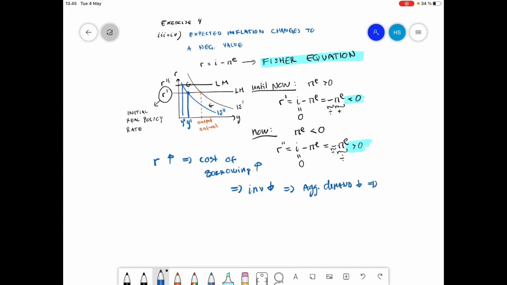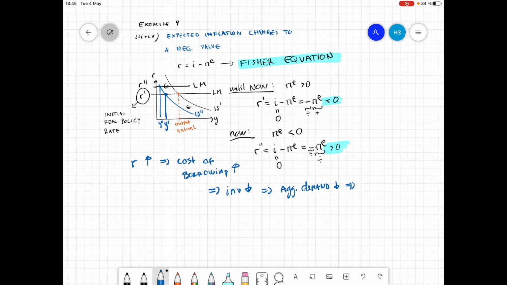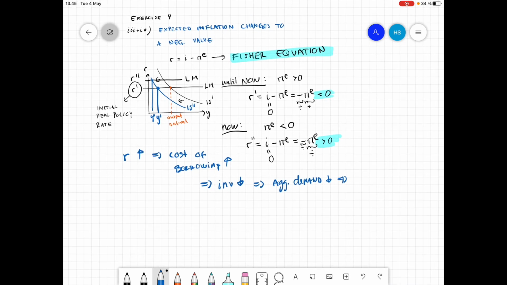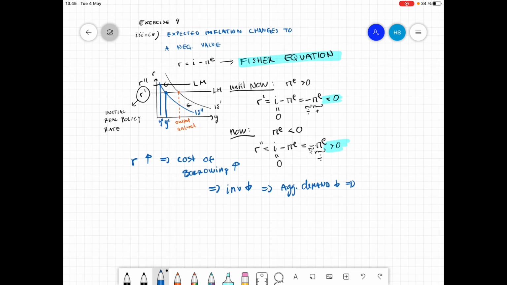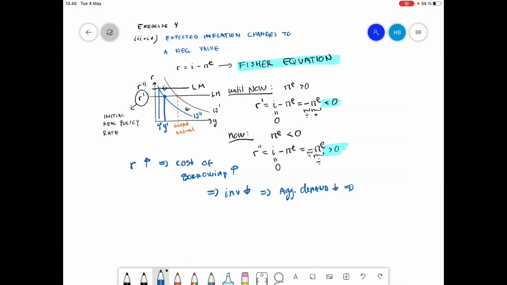How could we bring about an increase in output while lowering the deficit? We know that the effect of lowering the deficit through a decrease in government spending affects the output negatively. The only way that we can bring about an increase in output is by decreasing the real policy rate.